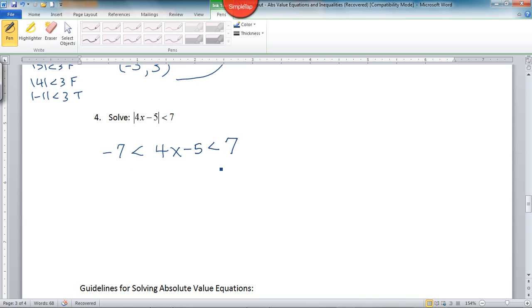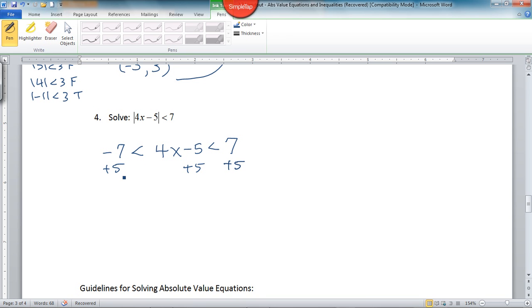Well, we solved these earlier in the previous section, just a 3-part inequality. Now, to solve the 3-part inequality, you just get the x in the middle, isolated by itself. So I need to get rid of the minus 5, I need to get rid of the 4. Let's do that. To get rid of the minus 5, we add 5. But remember, it's a 3-part. You got to do that to all 3 parts.